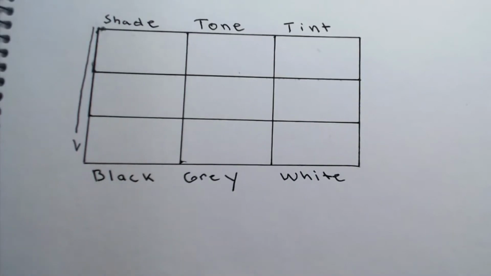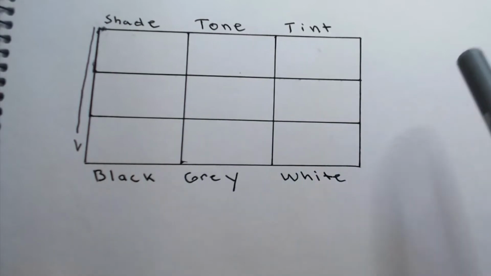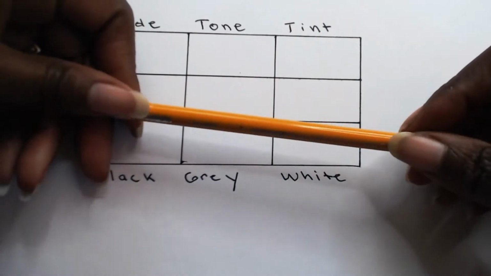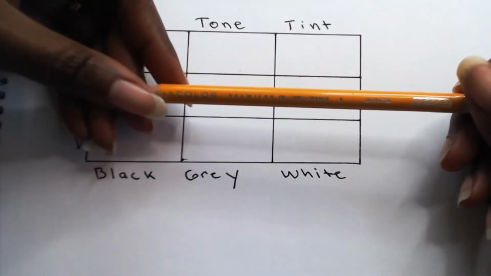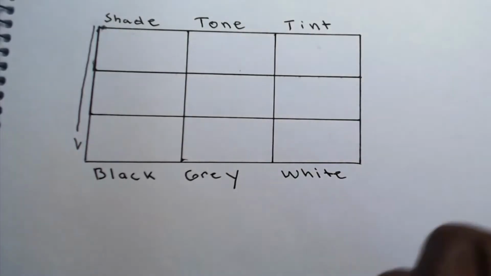But we're going to see how a color or a hue changes when we add black, gray, and white to a color. And so I'm going to use my Prismacolor pencil in this tutorial. And the color that I picked to use for this quick tutorial is my yellow orange, PC1002, if you're following along.